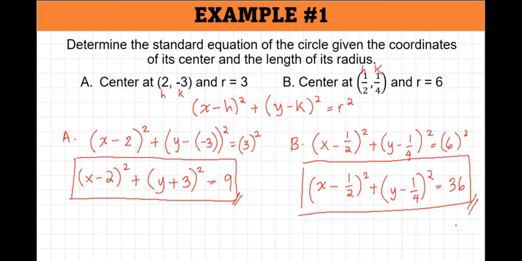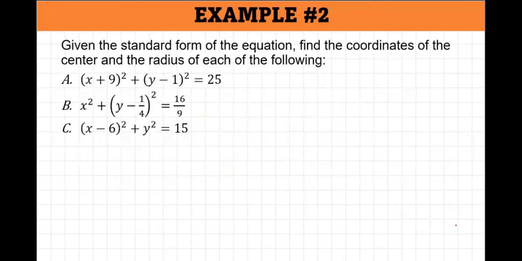Punta naman tayo kay example number 2. So far, madali pa siya. Madali lang siya actually. Ayan. For example number 2, so you are given the standard form. Ang kailangan mo daw hanapin ay coordinates of the center and the radius. So looking for center, radius lang tayo.